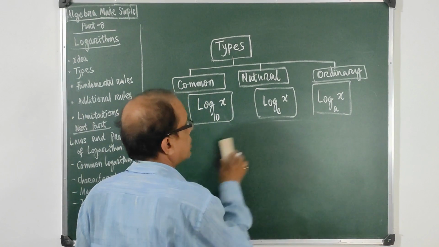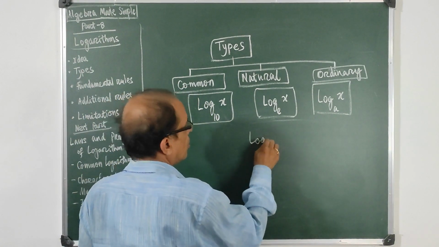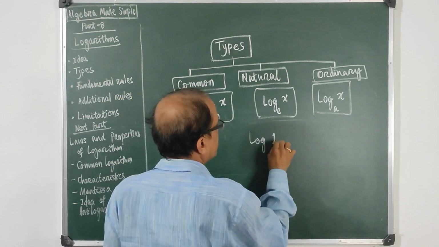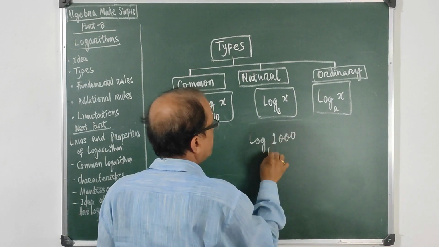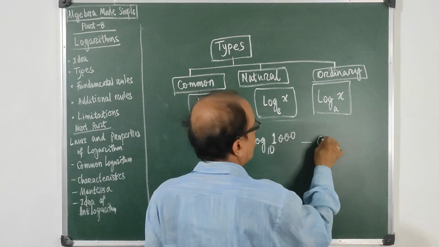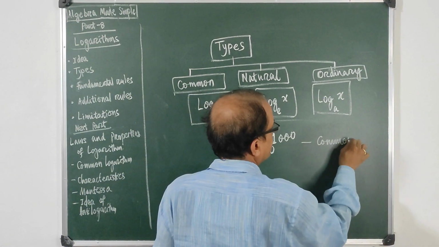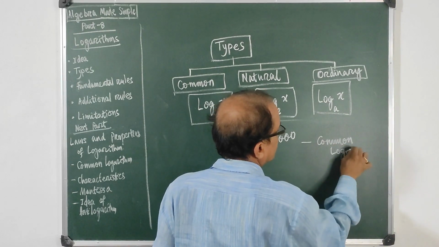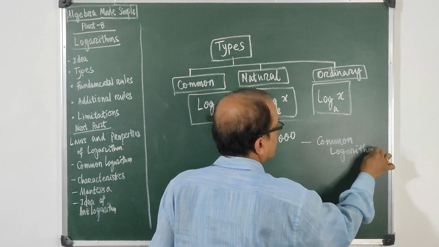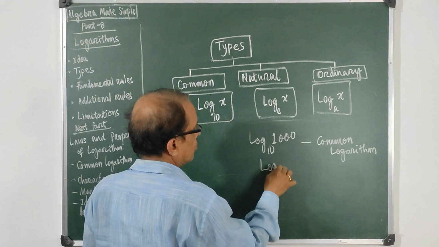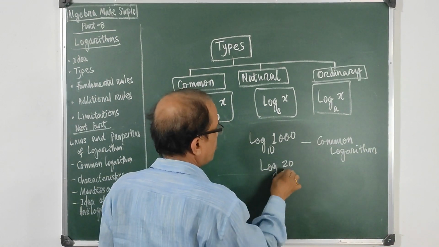So let us name log 1000 to the base 10. This is common logarithm. Log 20 to the base e.